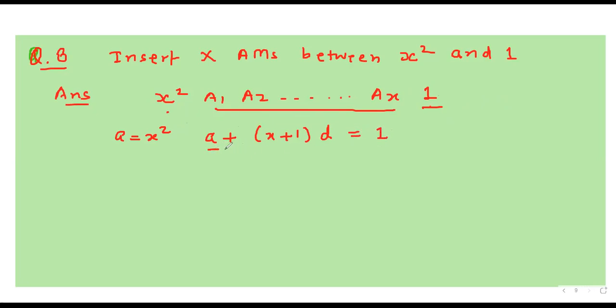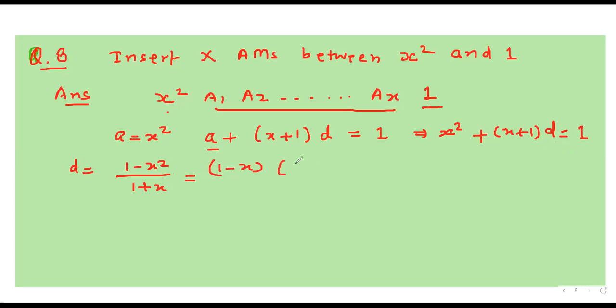So we put the value of a as x squared. So we get x squared + (x + 1)d = 1, from where we get d = (1 - x squared)/(1 + x). So this will be (1 - x)(1 + x)/(1 + x). So 1 + x will cancel out and we will get d = 1 - x.